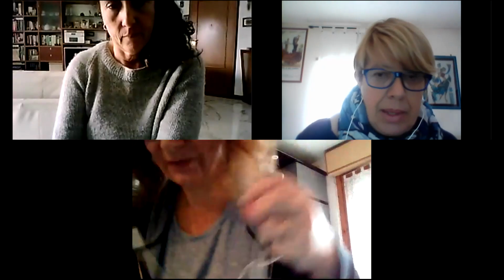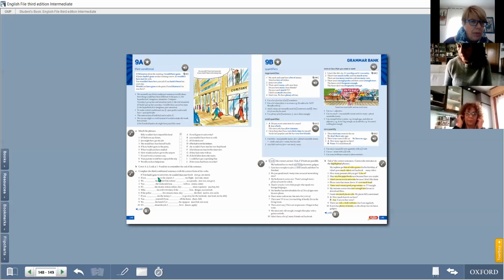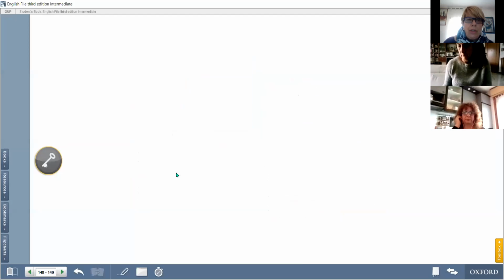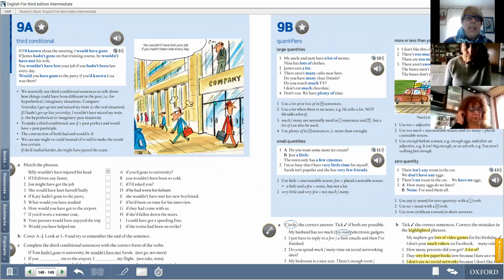Very good, super. So now we are going to see the third conditional. To do that, I'm sharing our book. This is the book we are using, called English File.